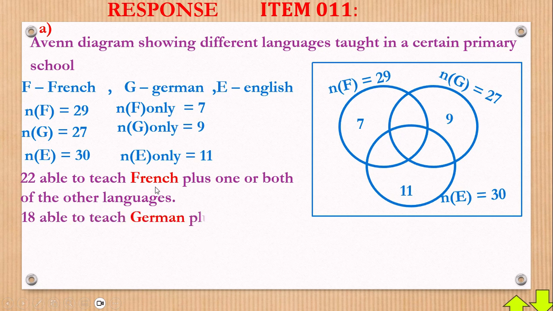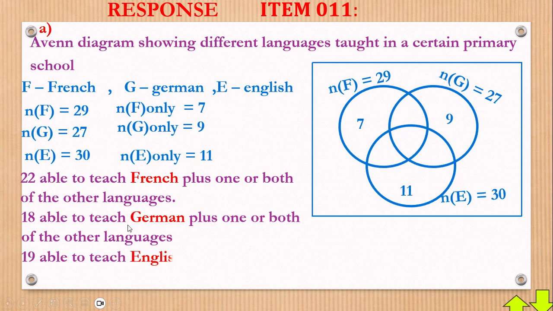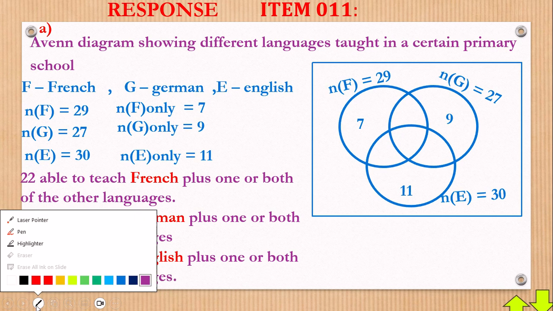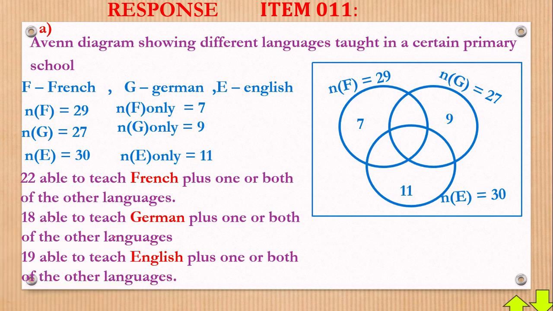We have 22 able to teach French plus one or both of the other languages, 18 able to teach German plus one or both of the other languages, and lastly 19 able to teach English plus one or both of the other languages. Now I'm going to define and explain one part and what it really means.